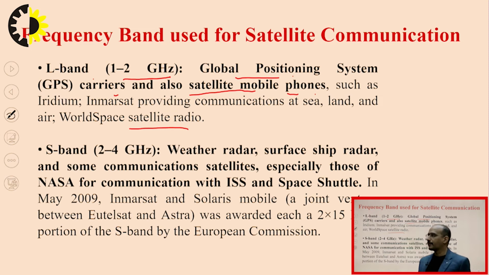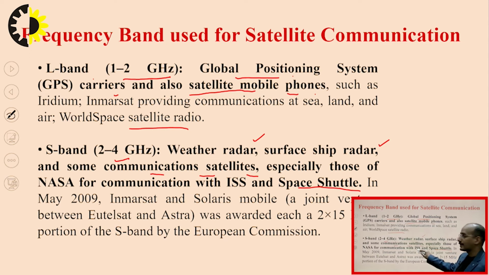Then the second point, S band. S band is situated between 2 to 4 gigahertz, which is basically used for weather radars, surface ship radars, and some communication satellites, especially those designed for NASA, offering services to the ISS, International Space Station, and space shuttles.